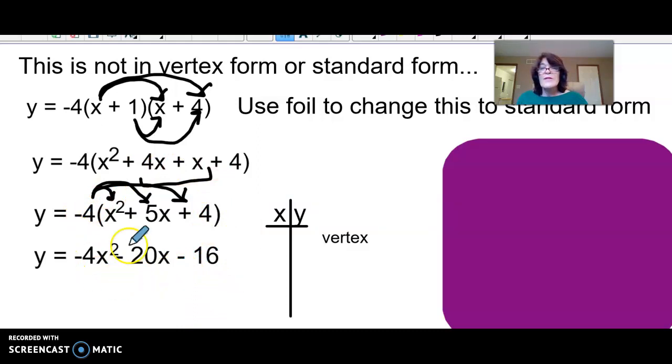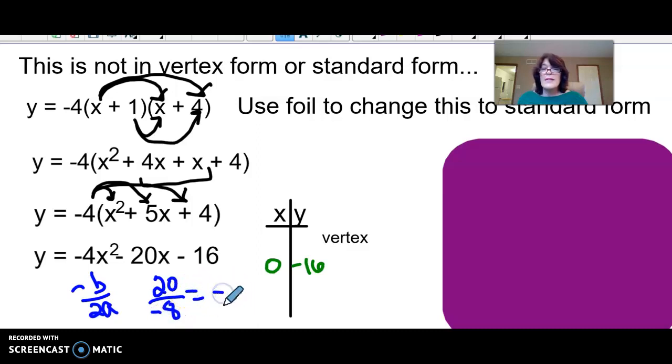Okay? So again, I could find my y-intercept. That's always the first thing I look at, because putting 0 in, I see I get -16. Right? That's the y-intercept, not the vertex. The vertex occurs at the opposite of b over twice a. So I'm taking the opposite of -20, which is +20, over 2 times -4, which is -8.